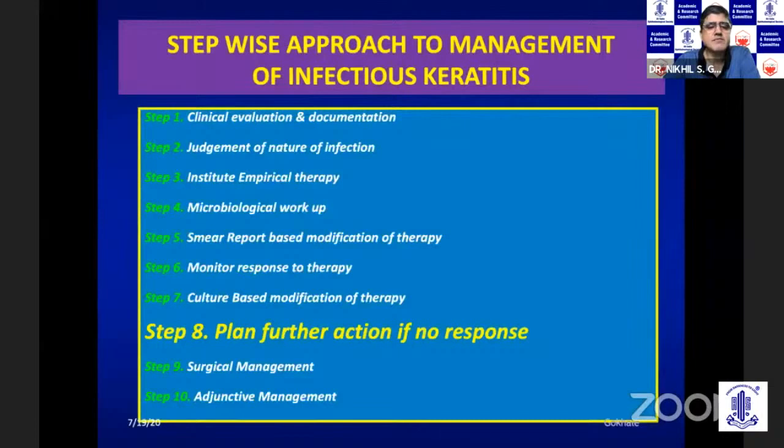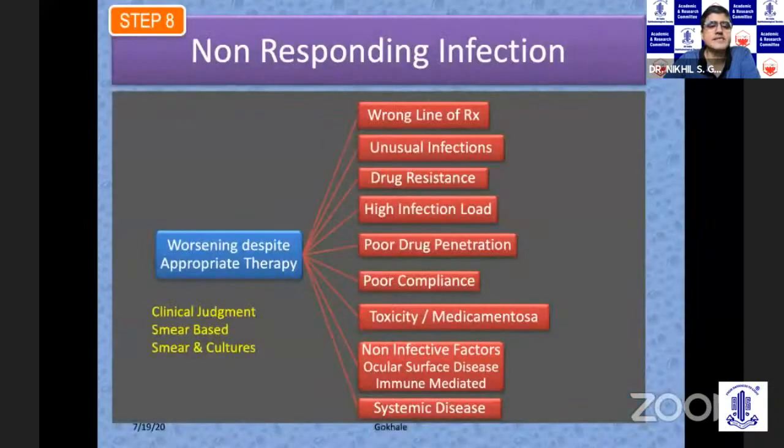Now, there will be some patients where we have done everything, but the patient is not improving and the patient is progressively worsening. So in these situations, we need to think of these various options so that we understand what may be the reason. For example, we may be on a wrong line of therapy, giving an antibacterial for a fungal ulcer. It could be an unusual infection which will not be treated by the routine medications we are using. There may be drug resistance or a high infection load.